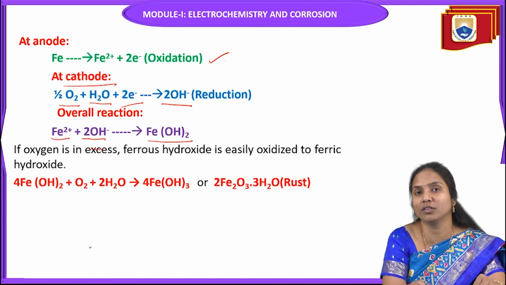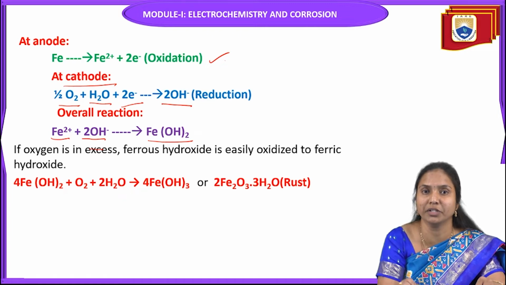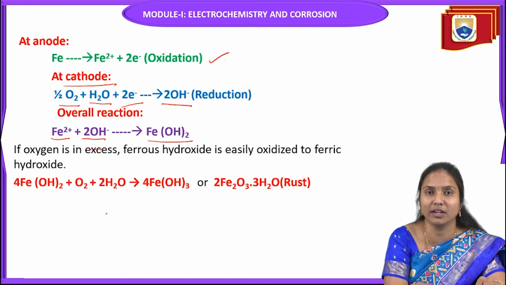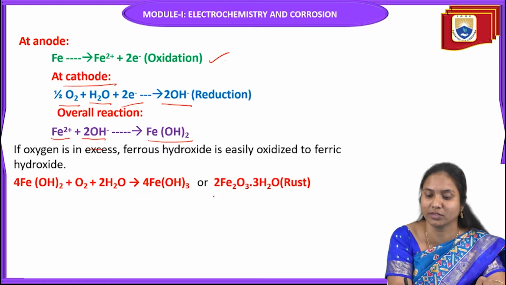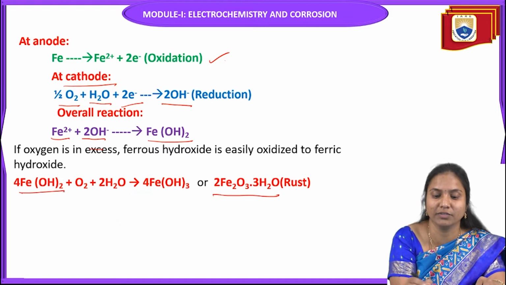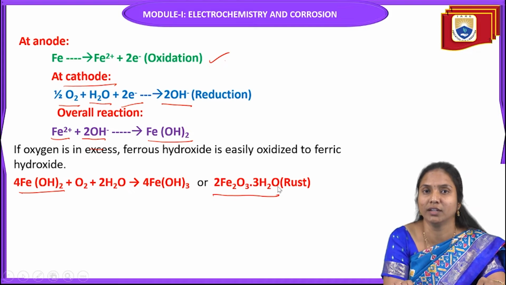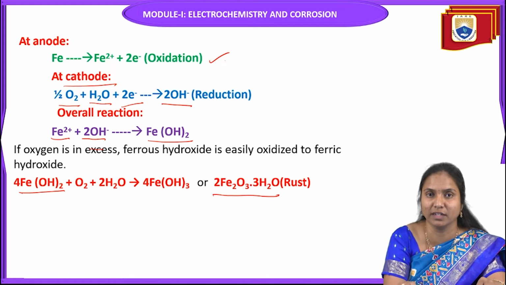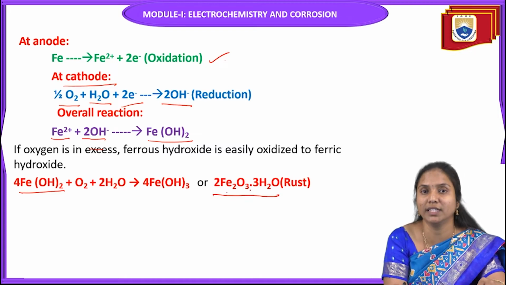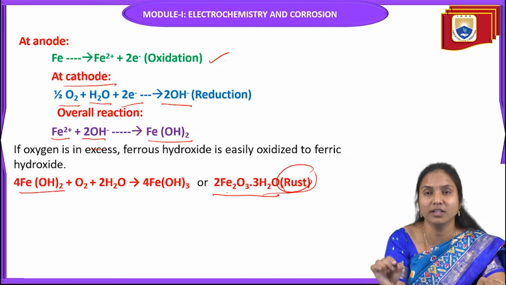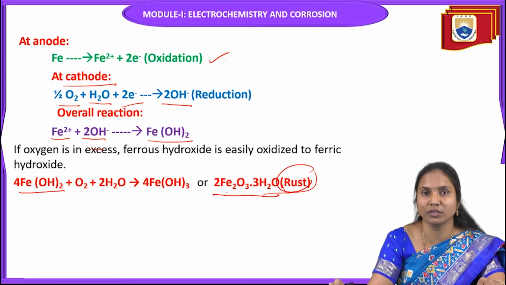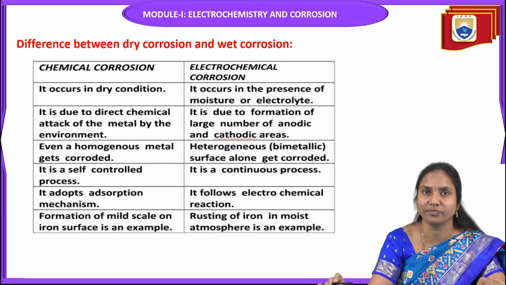If excess oxygen is present, this process continues, and the ferrous hydroxide is converted into ferric hydroxide, Fe2O3·3H2O. It is also called rust. So this is absorption of oxygen.